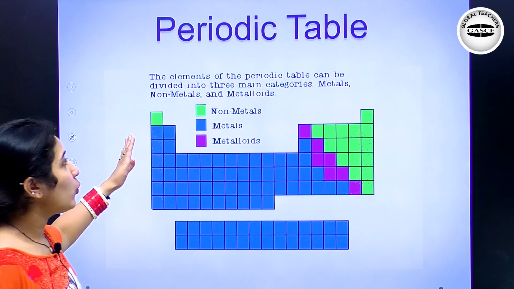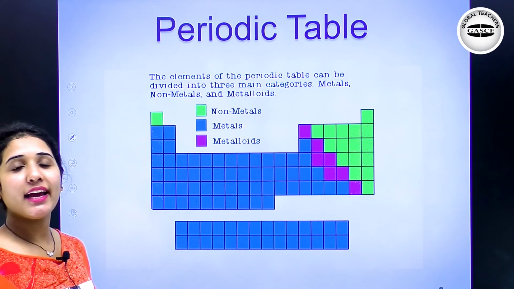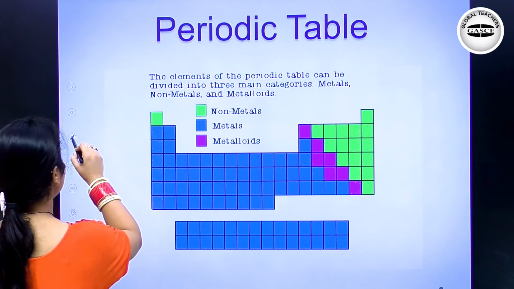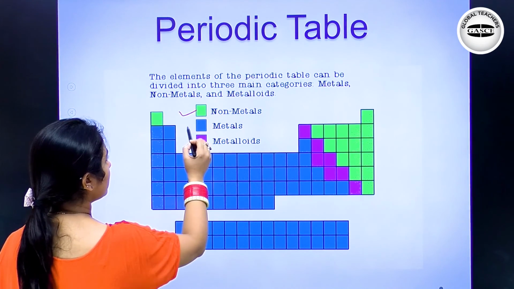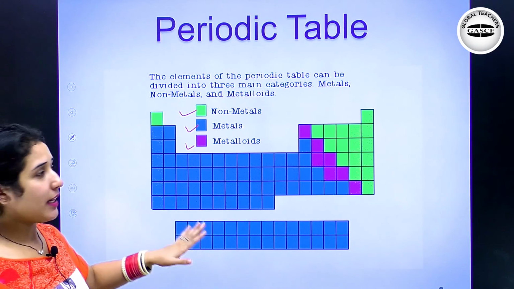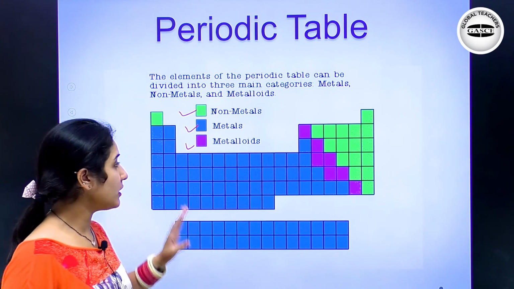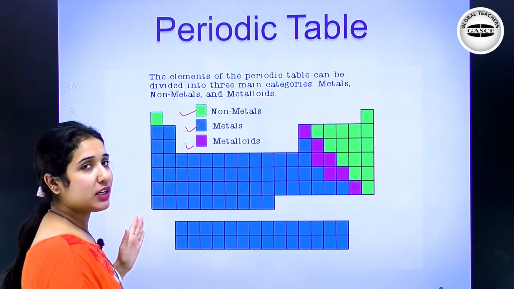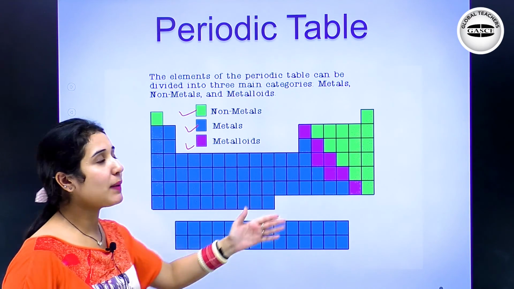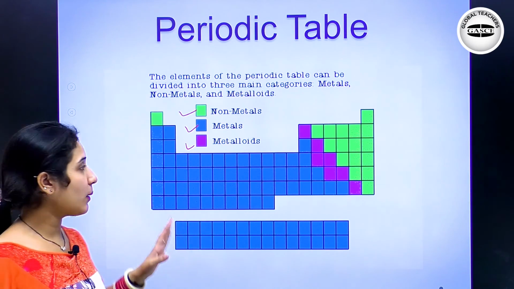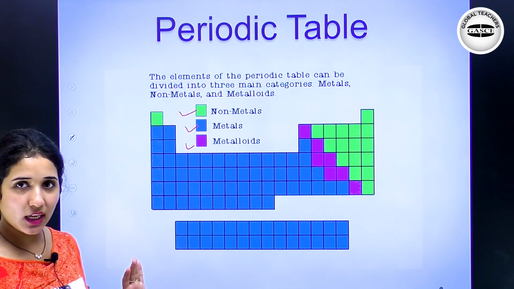Next, we classify all the elements of the periodic table into three categories, namely non-metals, metals and metalloids. All these three categories have been shown in different colors. I have not mentioned the names of the elements, but just to give you a brief idea of where these three categories are placed on the periodic table, this color scheme is used.